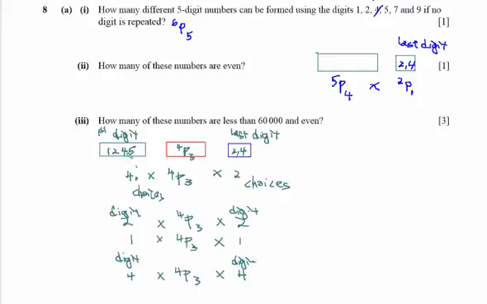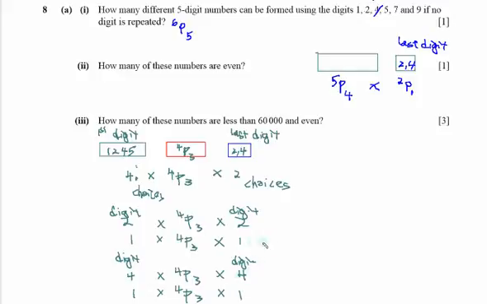You have a 4 here and a 4 here, a case where the first digit is 4 and the last digit is 4. This does not meet the requirement either. So you have to remove this: one choice for digit 4, times 4P3, times one choice for digit 4.